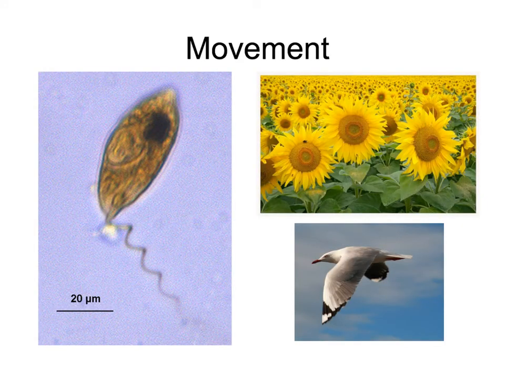Movement, another characteristic. For example, there is a unicellular organism called euglena here, and this euglena can move by the help of this structure. The structure is called flagella, in Turkish kamçı, and they can move with the help of this structure.